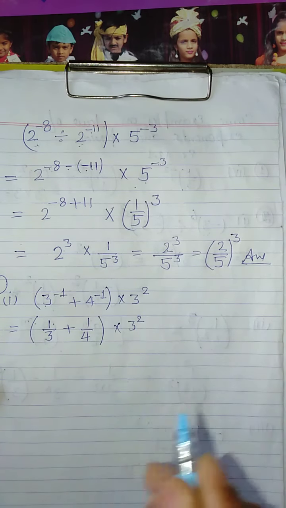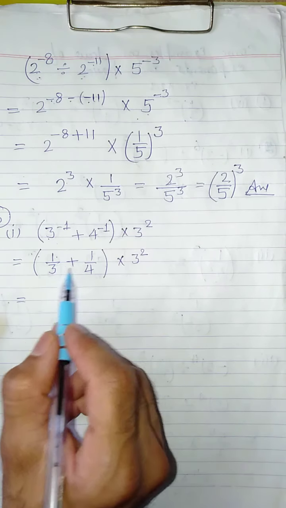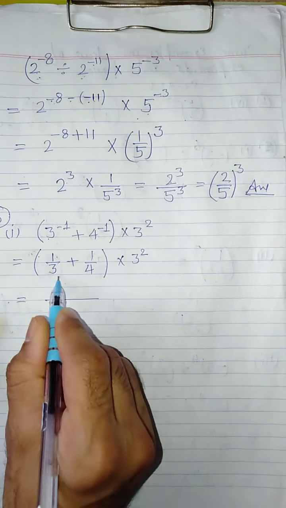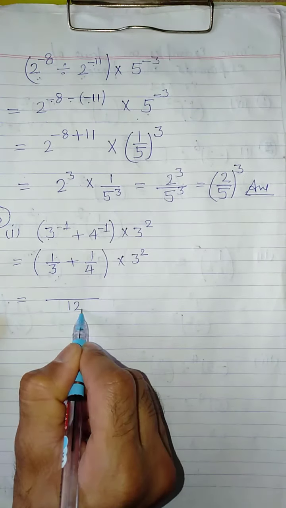Next, 1 upon 3 plus 1 upon 4, plus sign is there, so can we add them by taking LCM? This will be 3 4s are 12, 12 is LCM, and here 3 4s means 4, plus 4 3s are 12 means 3, and this bracket as it is, power 3 power 2, okay, is equal to 4 plus 3 equal 7 upon 12, and this one multiply by 3 power 2 means 3 3s are 9, so 9 will come, right?